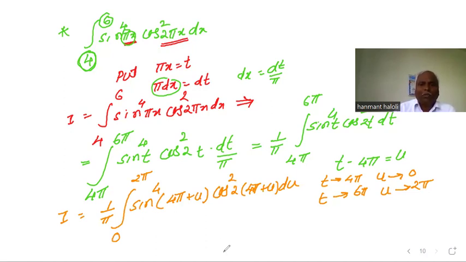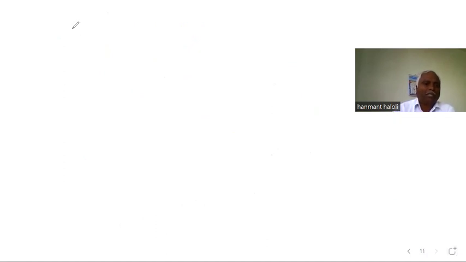Now I'll use one more slide to split up this integral. Therefore integral I becomes 1/π times the integral from 0 to 2π of sin^4 u cos^2 u du.